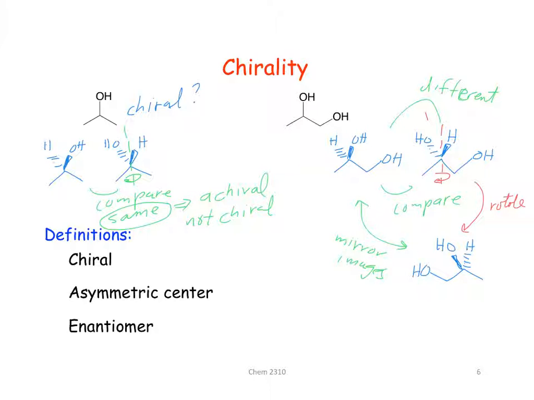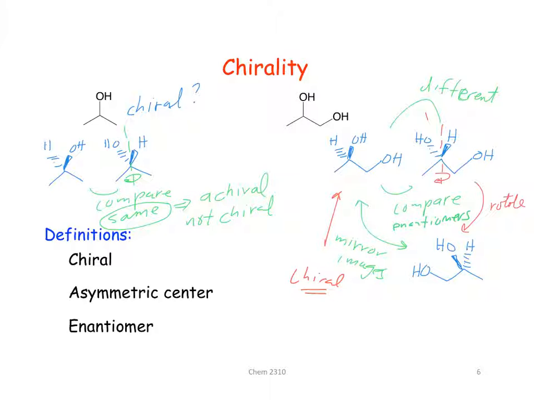Alright, so these two drawings are enantiomers, and either of these molecules we could say is chiral. Alright, because it has a mirror image that is different from itself.